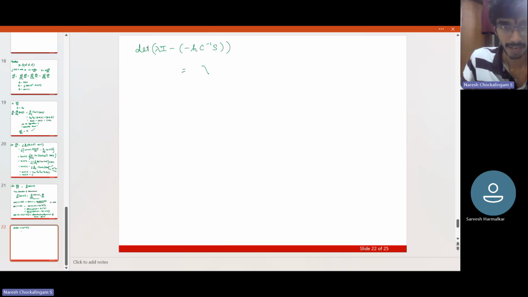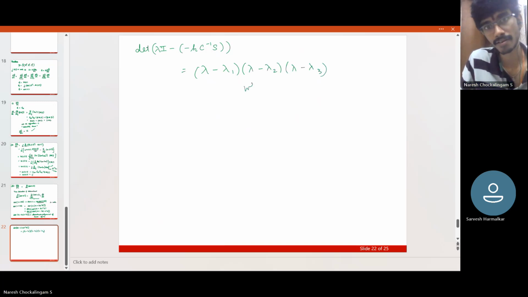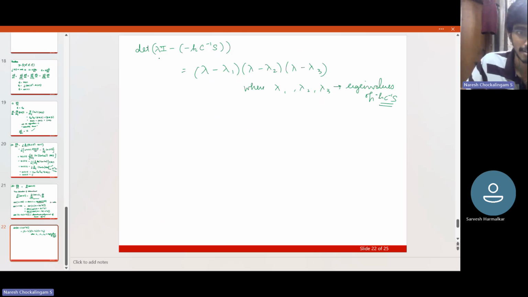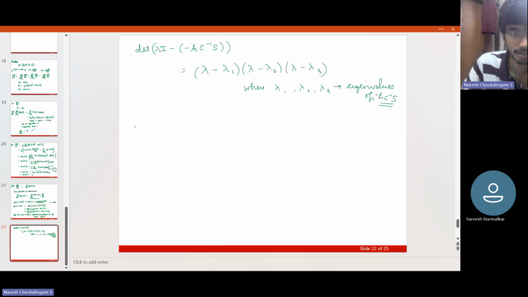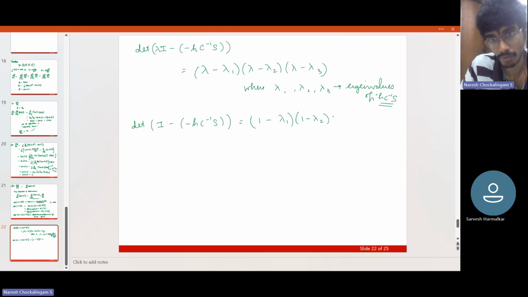This will be lambda minus lambda 1, lambda minus lambda 2, and lambda minus lambda 3, where lambda 1, lambda 2, lambda 3 are the eigenvalues of minus HC inverse S. In place of lambda right now we have a 1. So this determinant of I minus H C inverse S will be 1 minus lambda 1, 1 minus lambda 2, 1 minus lambda 3.